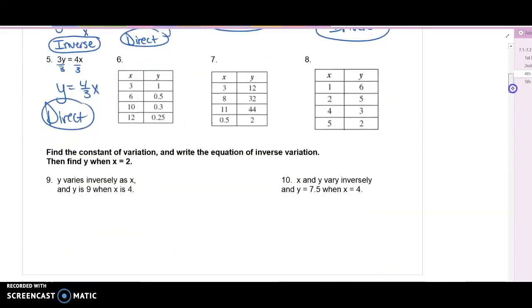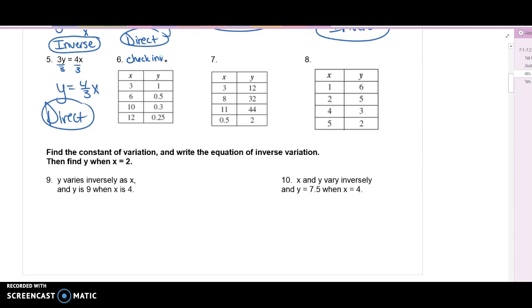So for each table, we're not just going to guess, we're going to make an educated guess and then check ourselves. So number 6, as these x values are getting larger, 3, 6, 10, 12, what are the y values doing? They're getting smaller. So this might be inverse. I'm going to write check inverse.